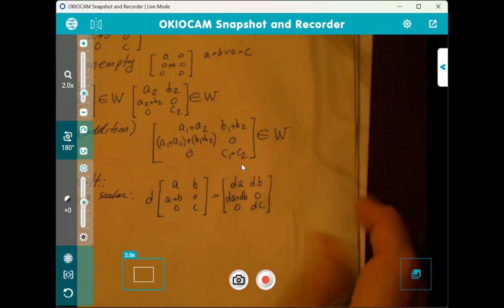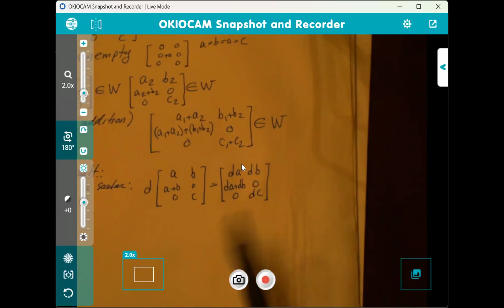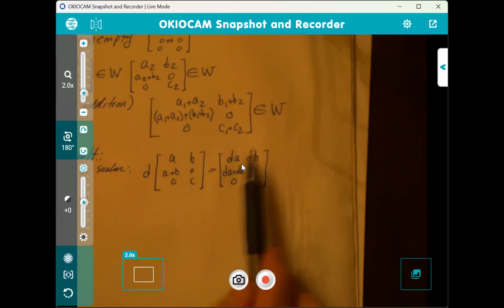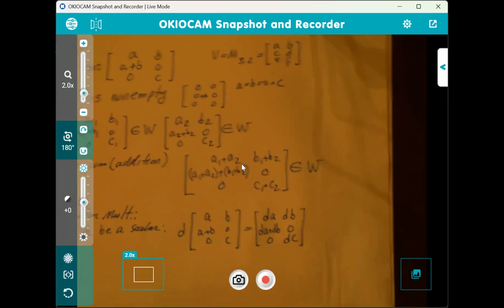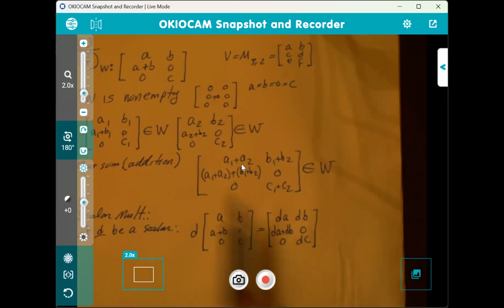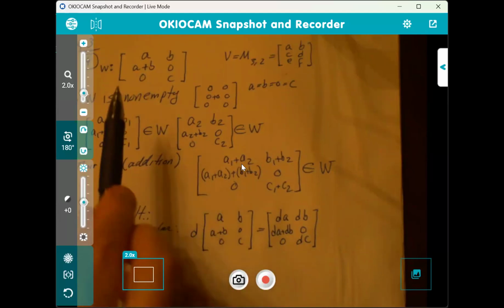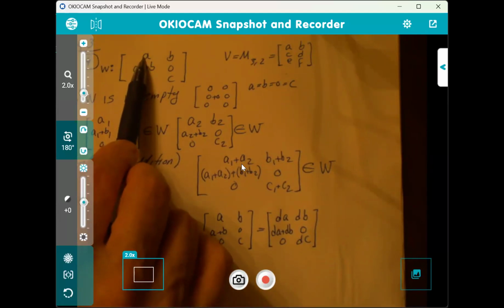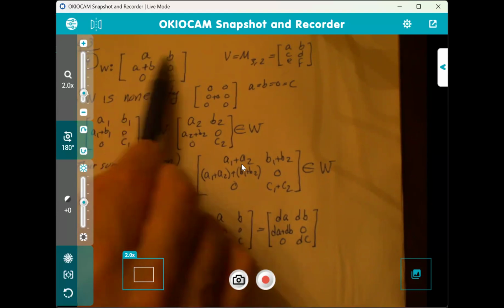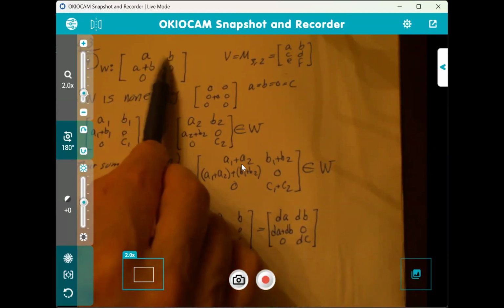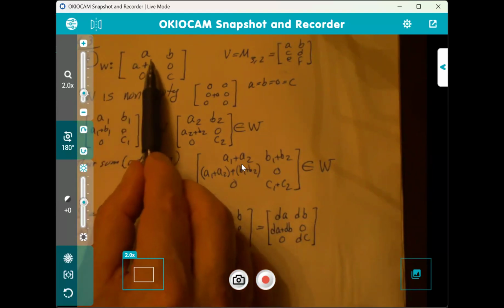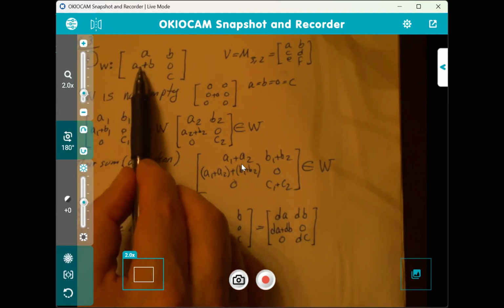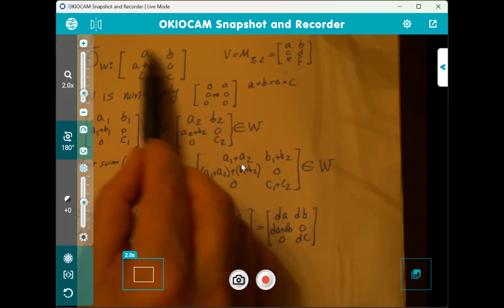Again, think about the form of this matrix. It is preserved. This matrix looks exactly like all the matrices in W. You have a number in the first row, first column, and first row, second column. What's important here is that the second row, first column has to be the sum of the top two.